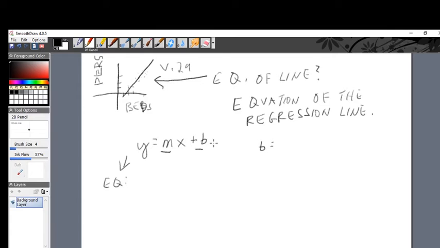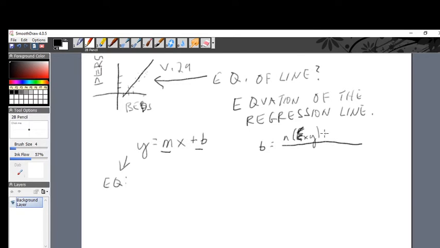To find the slope, there's a formula. Here it is. You take n times the sum of the xy's, that Greek symbol there, the sum of the xy's. I can show it to you again when I go down here, but I want to get this whole formula up first.